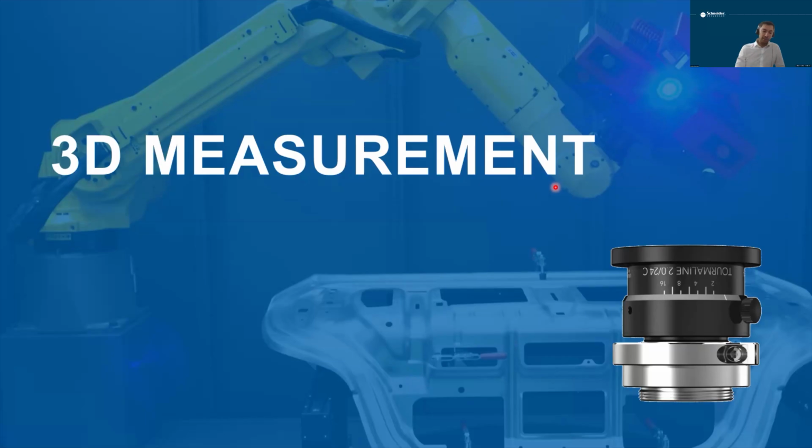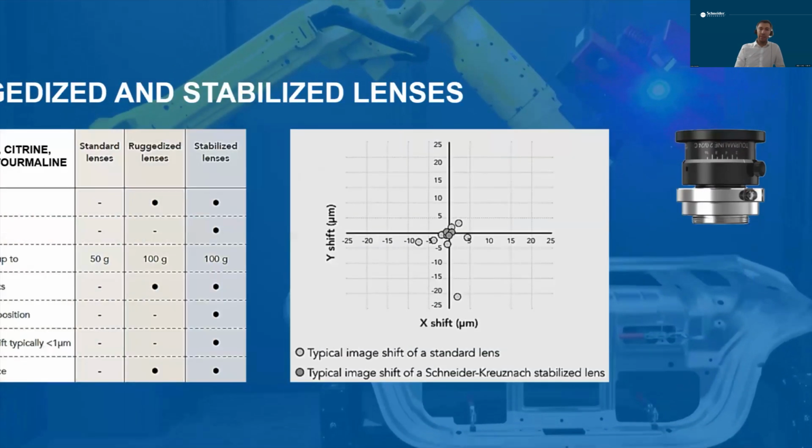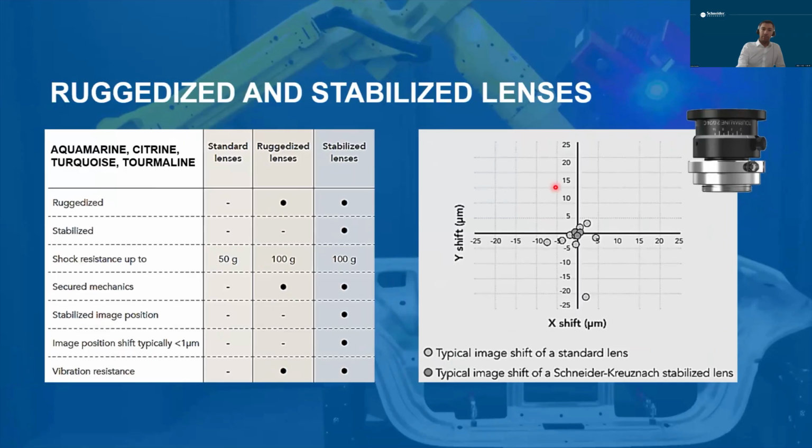If the optical axis is shifting on a 3D camera, it means that you have an error in the depth measurement. And that's when we developed the stabilized lenses. Basically, by stabilizing the lenses, we prevent the optical axis from moving, and then the customer didn't have to recalibrate his camera due to the vibration around it.